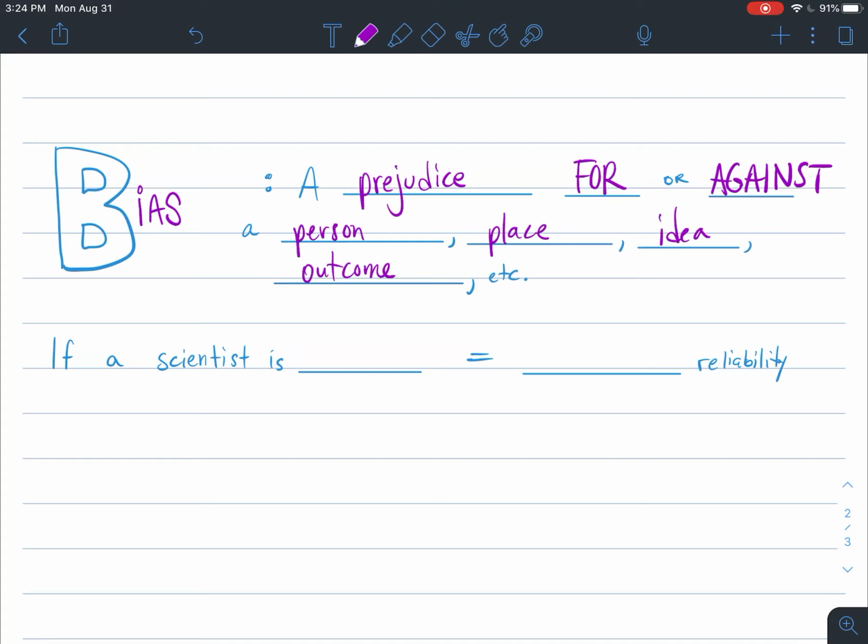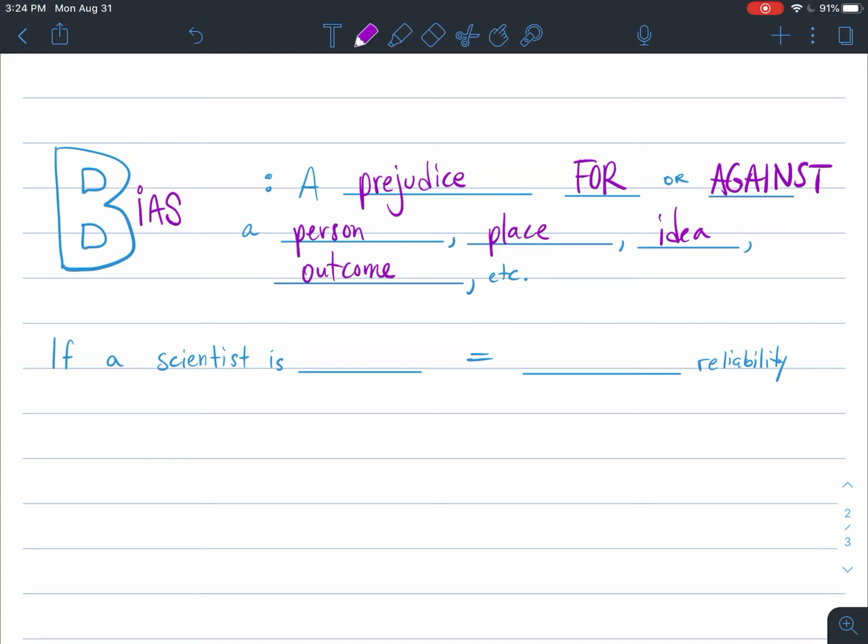So for an example, if I went to Detroit, Michigan, and I asked people, what's the best football team in the NFL? Those people are probably going to be biased because their hometown team is the Detroit Lions. So I can't really trust what they have to say. Same thing as if I went up and I asked somebody who maybe is a Denver Broncos fan.